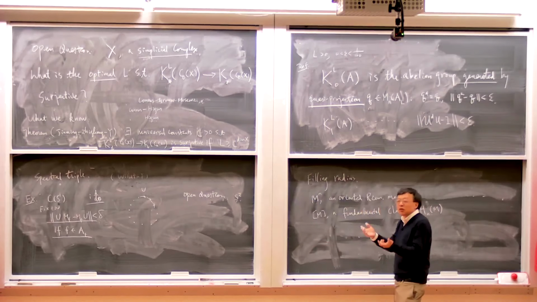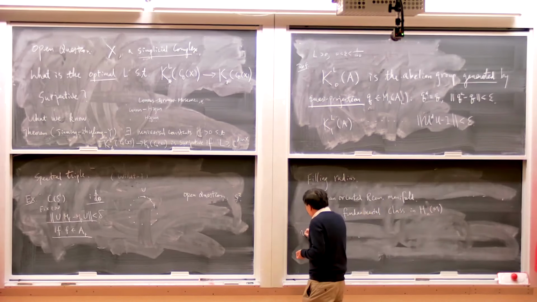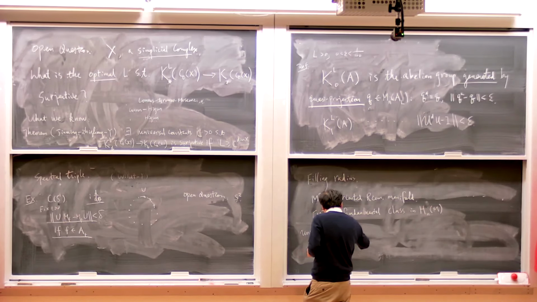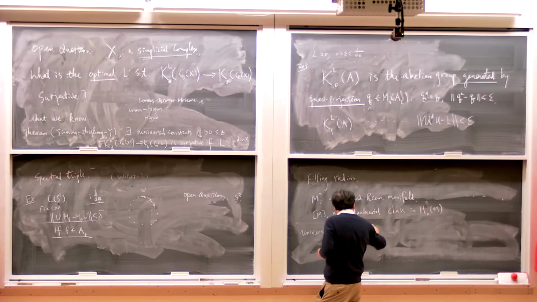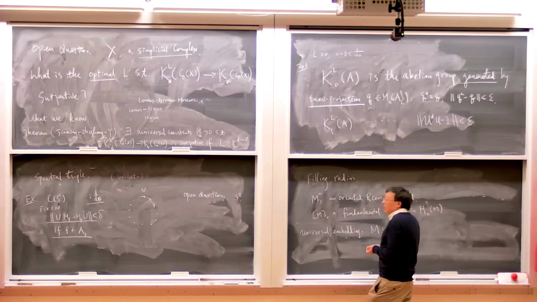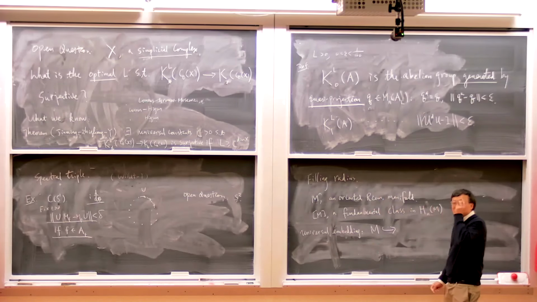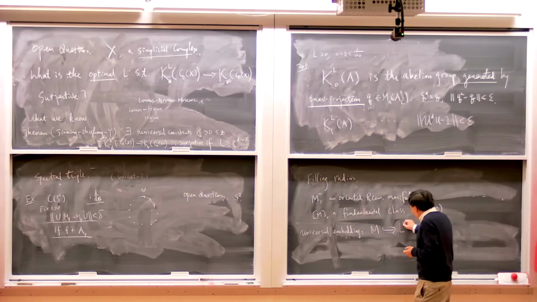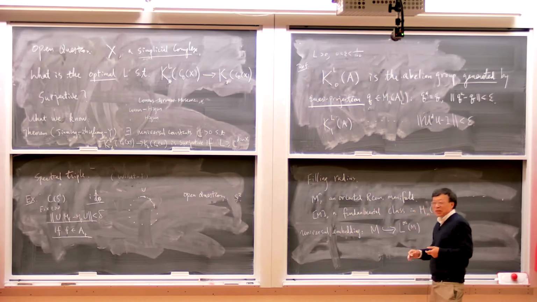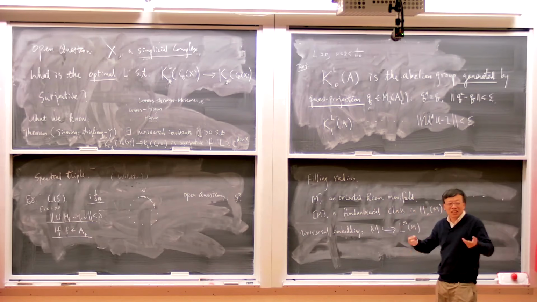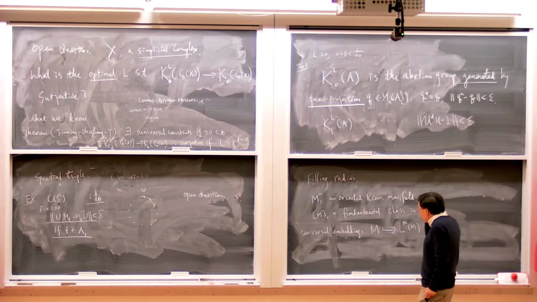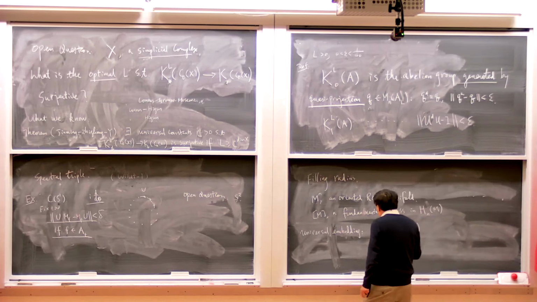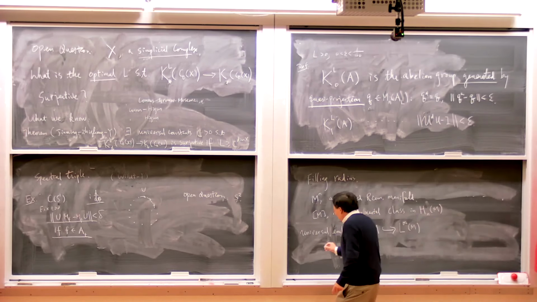But there's a universal embedding of M. At first glance, it's a kind of crazy embedding into L infinity of M. It's all the bounded functions on M. But it's a very natural embedding.